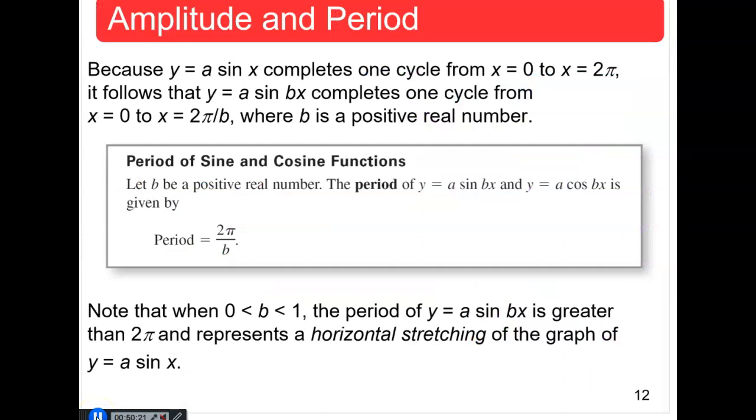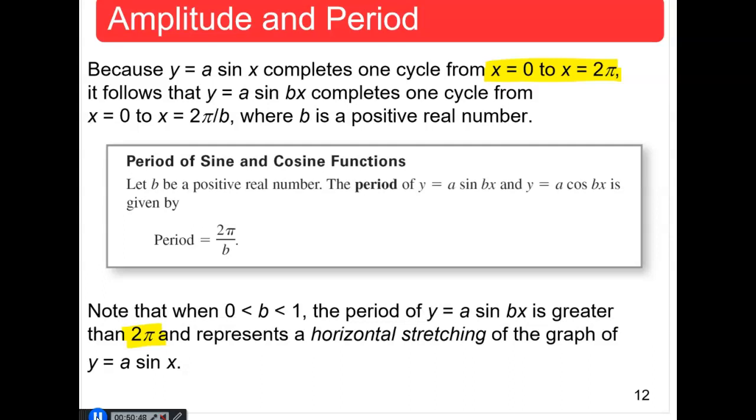So reviewing what period is, for a parent sine or cosine function, we consider the period to be 2 pi because that is what one full rotation is equivalent to. So the graph from 0 to 2 pi would be one full period.